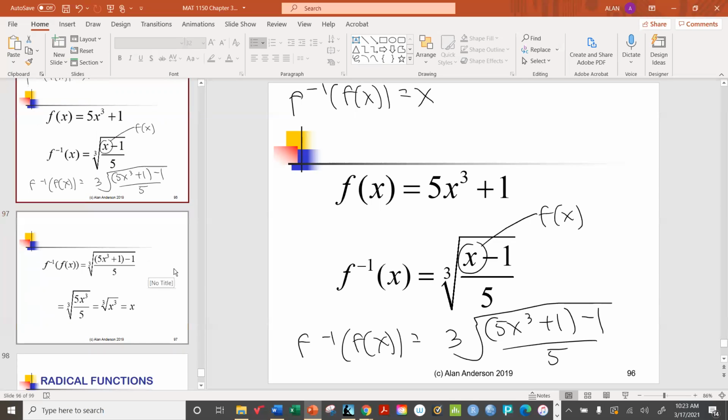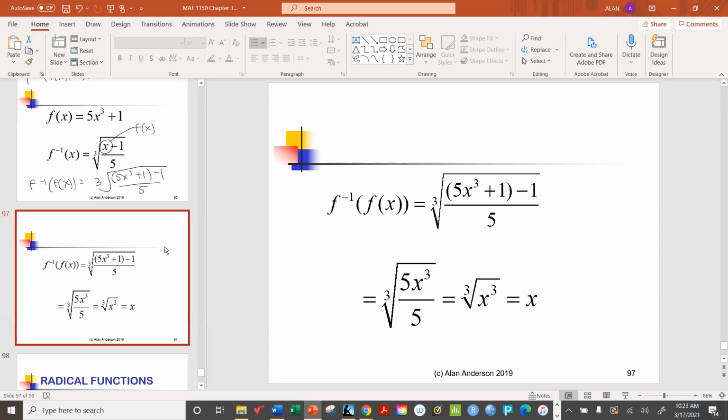All right. So after following this step, what comes next? Well, you can see this is actually a very nice result because these ones drop out. And we've got the cube root of 5x cubed over 5, which means these drop out. And so we're taking the cube root of x cubed, which of course is just x. And so we're done. We've proven what we needed to prove.